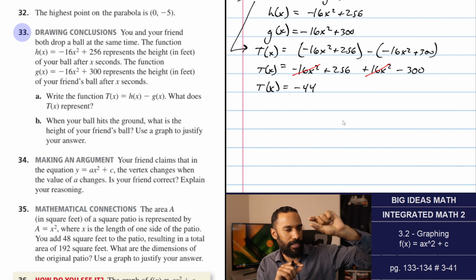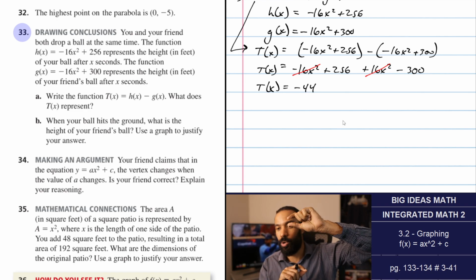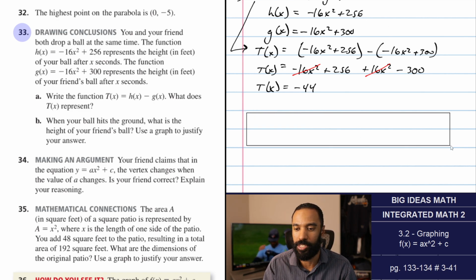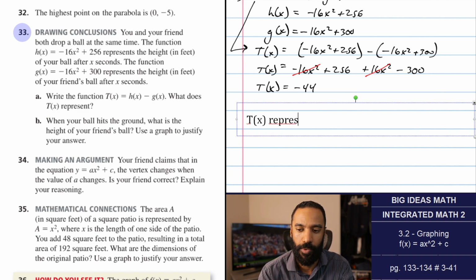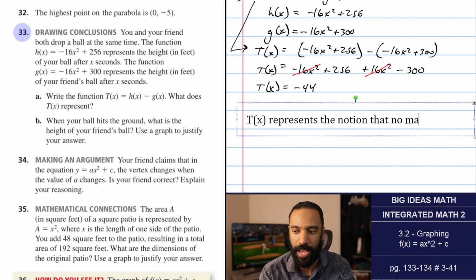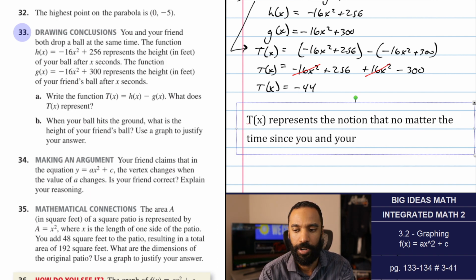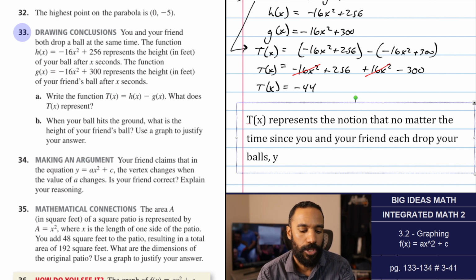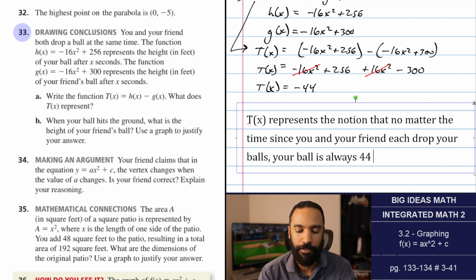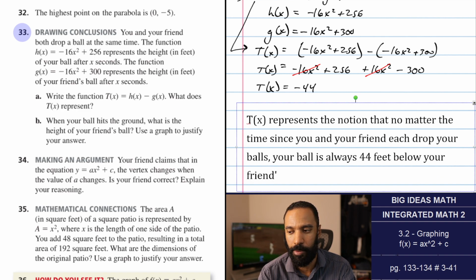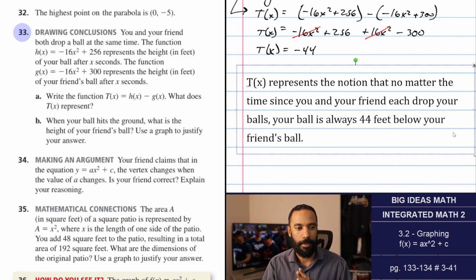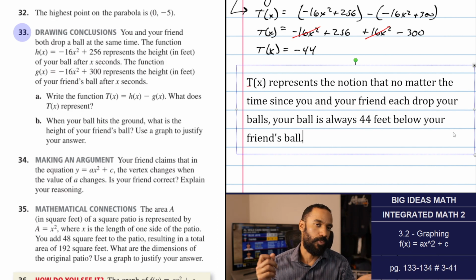What this is telling you is that your ball is always 44 feet below your friend's ball in height, no matter the time, since you and your friend each drop your balls at the same time. So no matter the time when they drop it, it's always that, unless one hits the ground and the other doesn't.